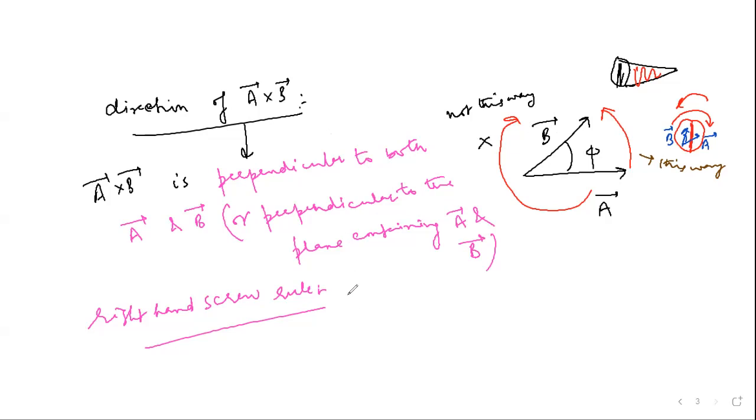So I write it here. Push the vector A, in general the first vector in the cross product, push the vector A towards vector B through the smaller angle.